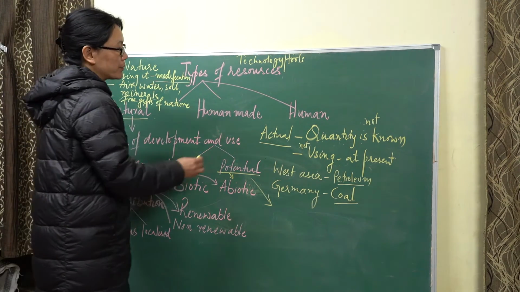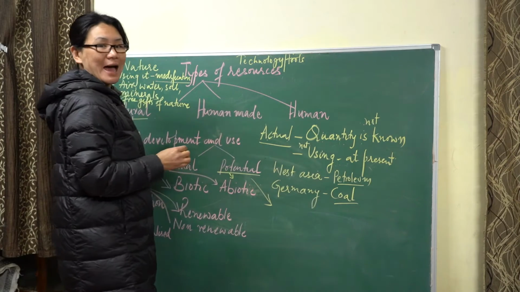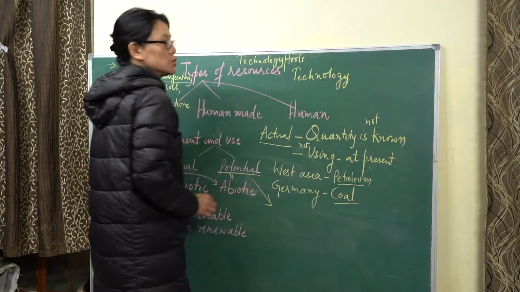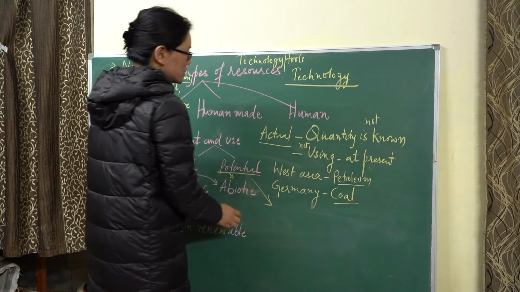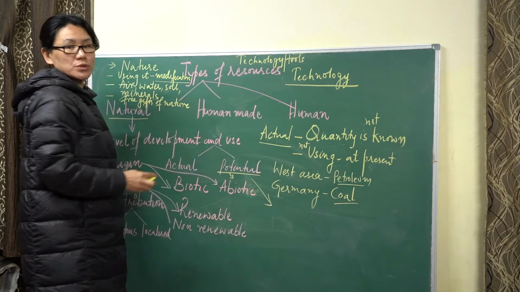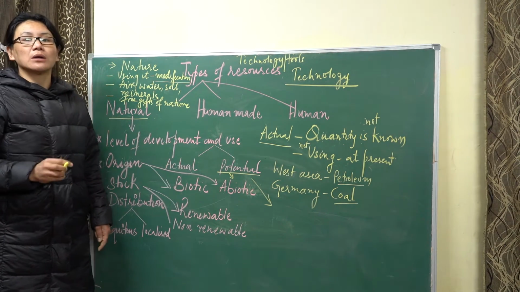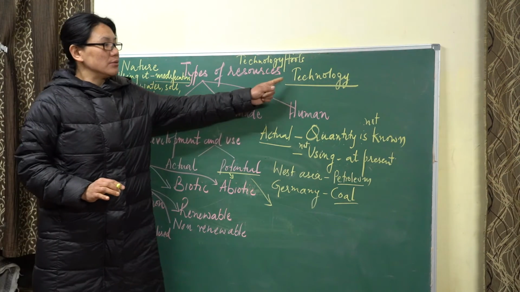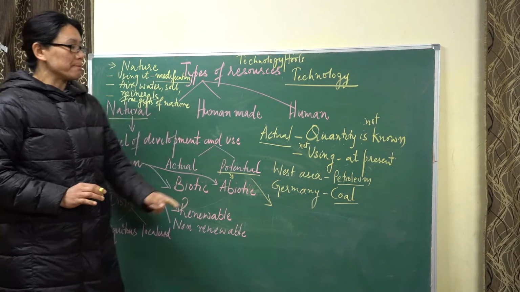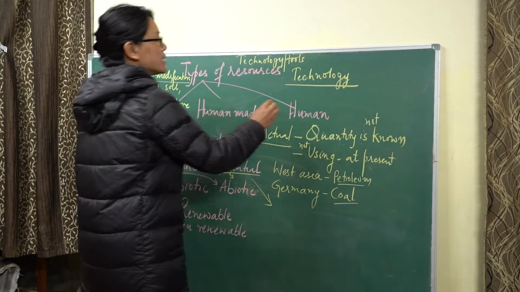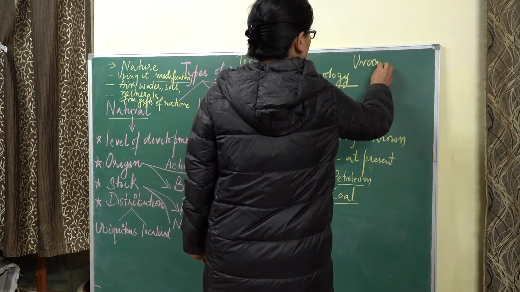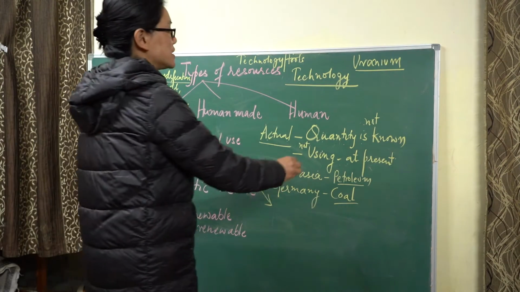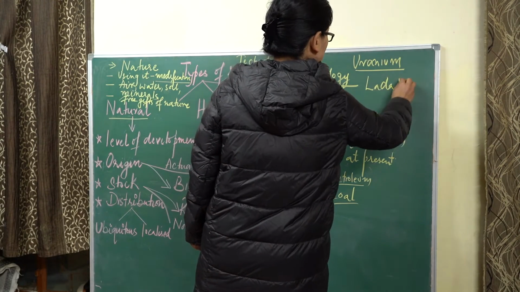The reason is that we don't have proper technology to make use of such resources. That's why we are not able to use it at present. Now there is one example here, uranium, which is given in your book. Uranium is a potential resource, and this is found in Ladakh.